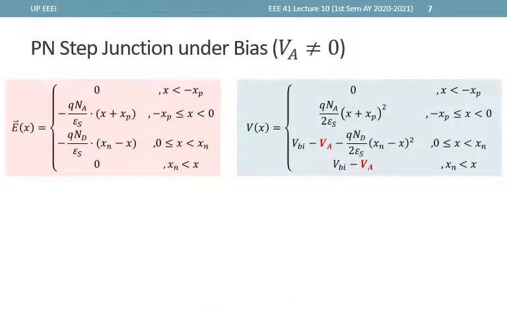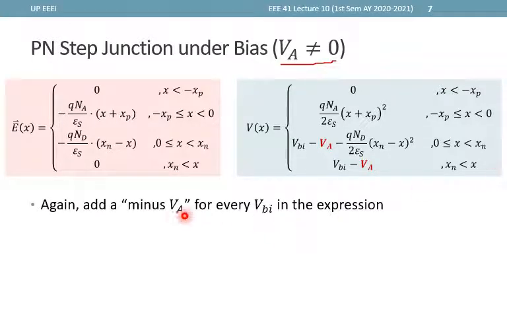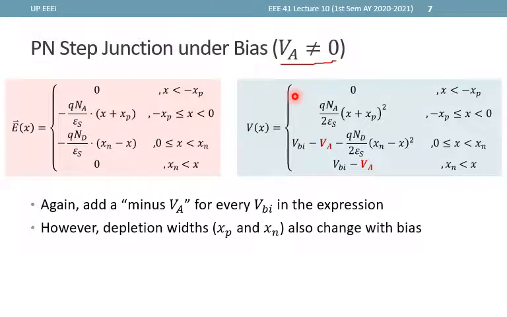So these are the new equations that we'll use when the bias is no longer 0. In general, what we observe here is that we simply add a minus VA term for every VBI we see in these expressions. Obviously the change appears in these two equations, since there is no VBI in these other equations. However, these equations actually changed as well, although that is not obvious since we don't have the VBI explicitly indicated here.